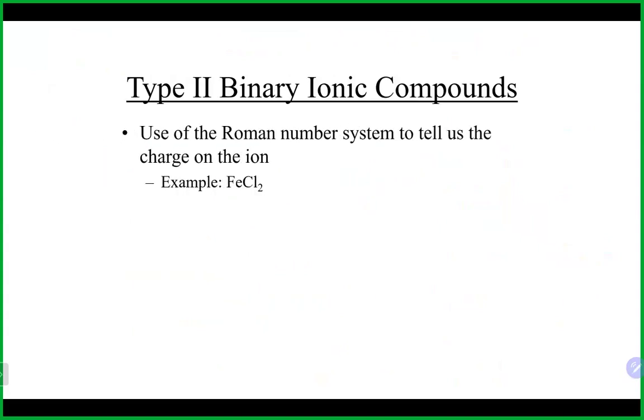So type 2 ionic compounds are still ionic compounds. They are still a metal and a non-metal together. So once again, you're still going to identify it that way.